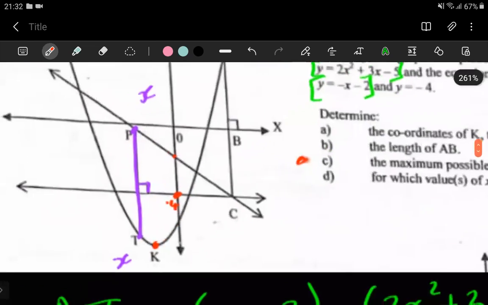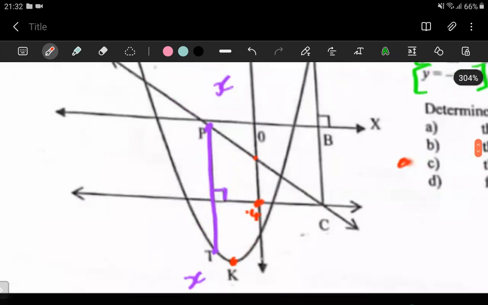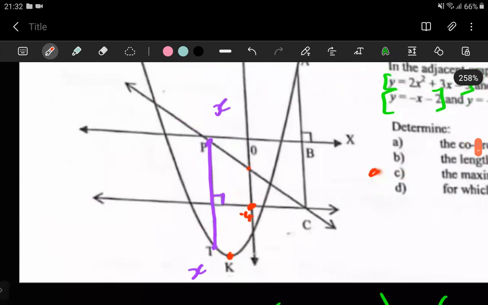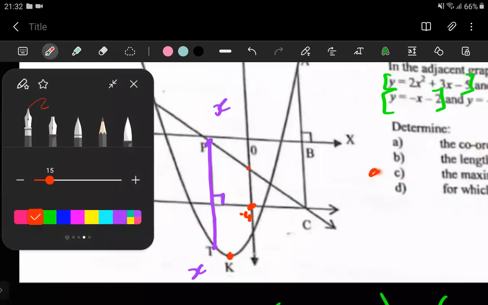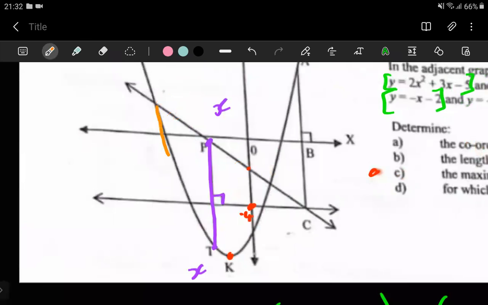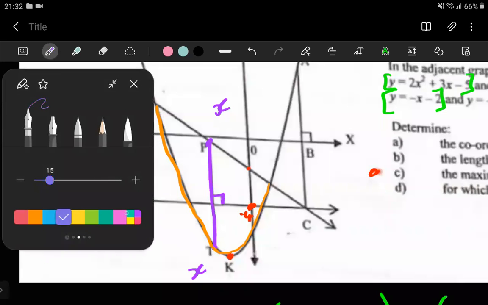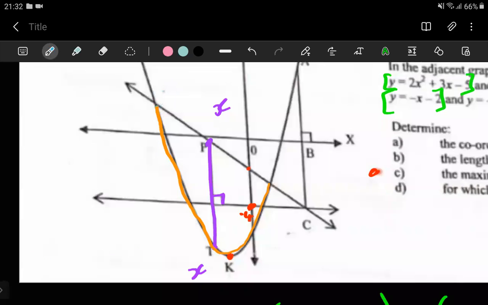What that means is, you see where PT is. What they're trying to tell us is that PT is going to be any line between our straight line and our parabola. Because if you look at where the parabola is, this portion here is the portion where we have our parabola. And the portion up here, let me use the blue here, is our straight line.